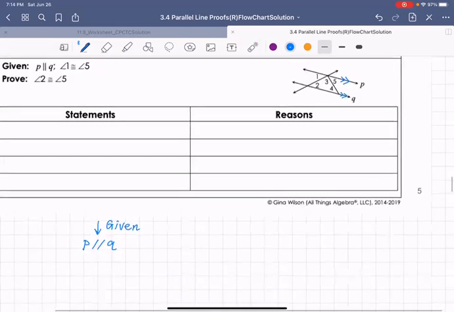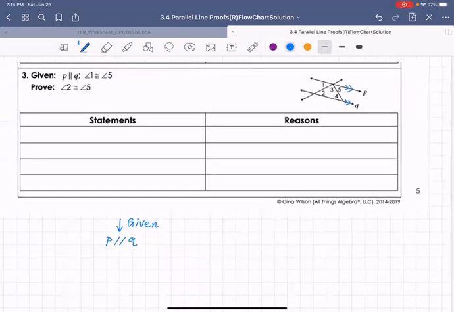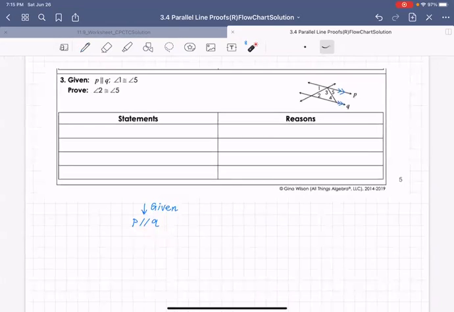Do I put 1 is congruent to 2? Yes, you can do 1 congruent to 2. Let's do 1 congruent to 2 as one of the conclusions of this, right? Yes.